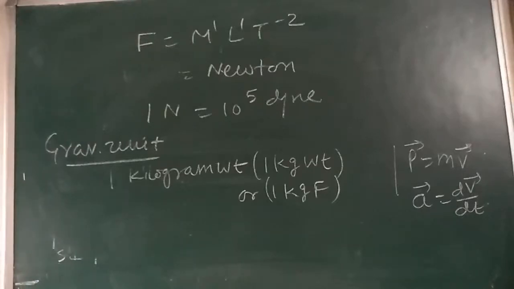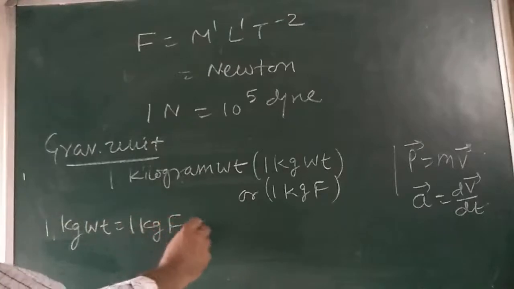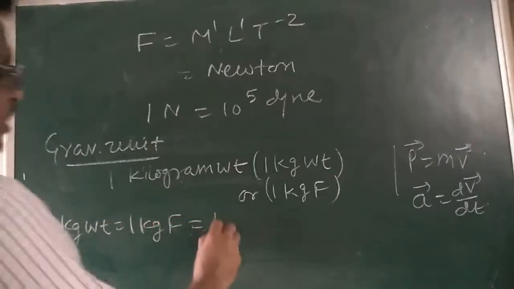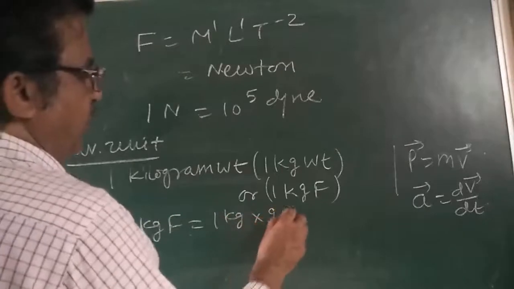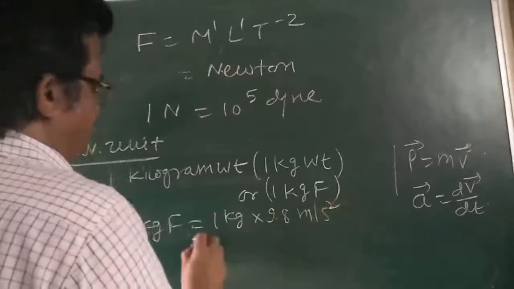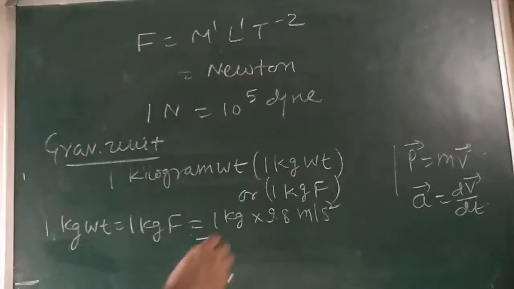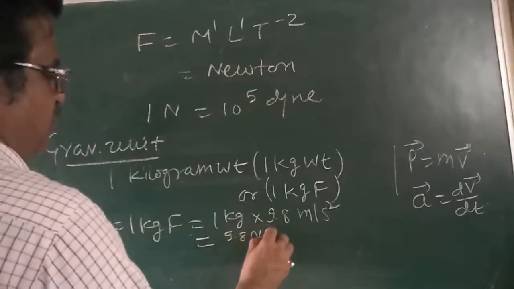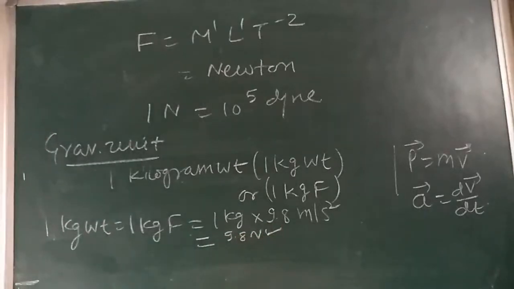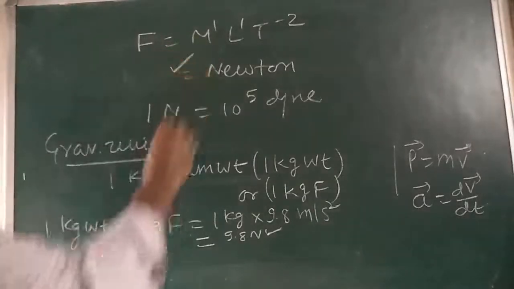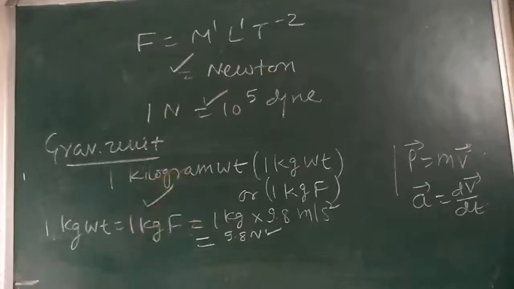So 1 kg weight or 1 kilogram force is equal to 1 kg into 9.8 meter per second square, so I can write here 9.8 Newton. This is the unit. Is that clear? So write down, children. These are the different units of force: Newton, dyne, kilogram weight, like this.